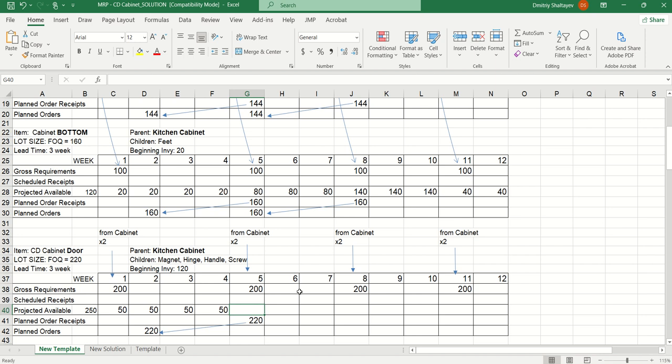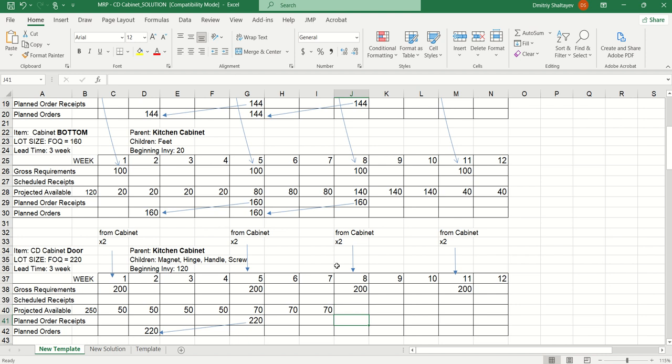So 220 doors coming in, 50 doors are already there, that's 270, minus 200 that I'm going to use, and that would be 70 doors sitting there waiting. In week 6, nothing is scheduled, so it's still 70.